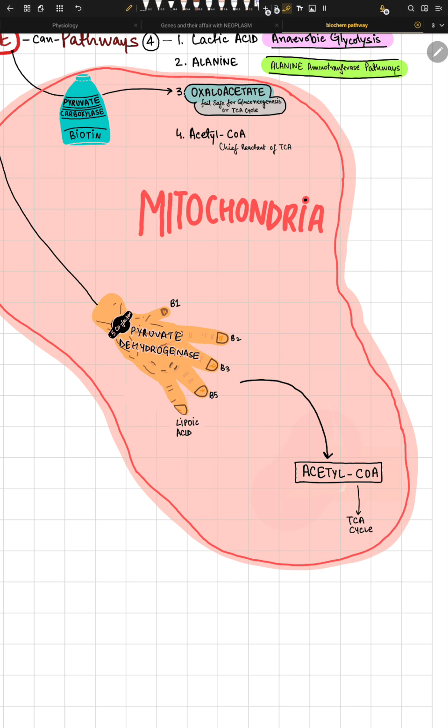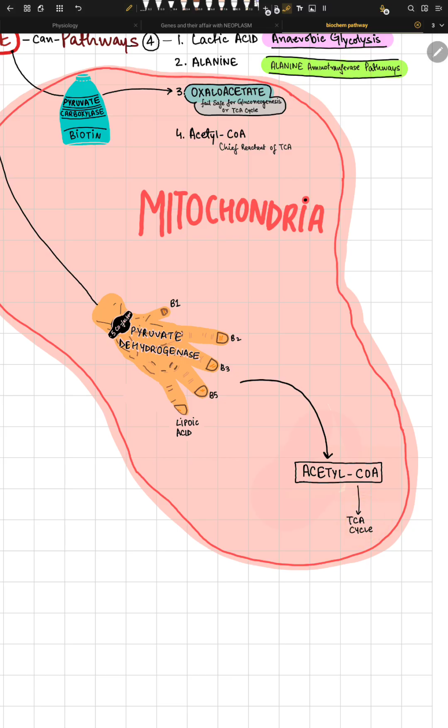Deficiency of any enzyme cofactor, for example B1, which is called thiamine, can cause brain and heart failure, because we are not able to run the TCA cycle and produce ATP, so there is a loss of ATP.